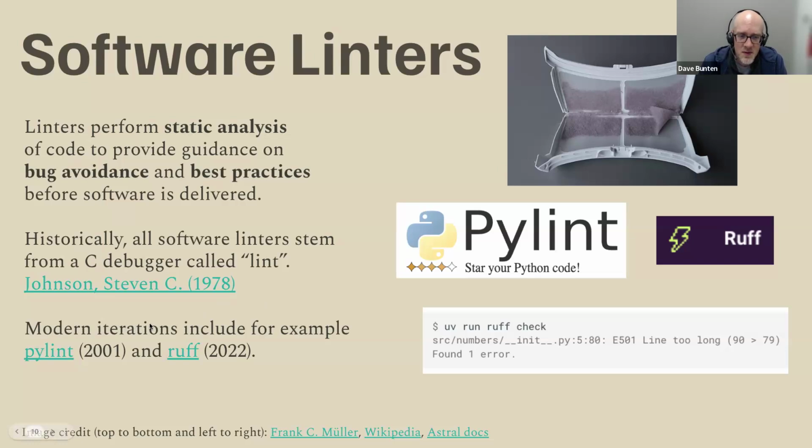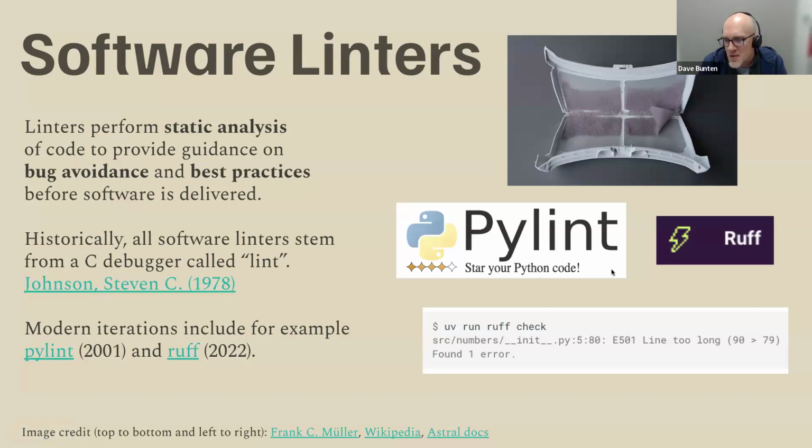More modern iterations include, for example, Pylint, which came about in 2001, and then more recently another linter called Ruff, which has employed some of the Pylint work in addition to other linters, around 2022. Ruff's advantage being that it employs Rust-based work, and so it's very, very fast.